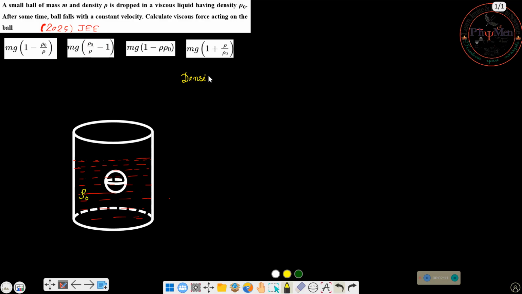The density of the ball is equal to rho, and the mass of the ball is equal to m. So this is given, and rho naught is the density of the liquid.